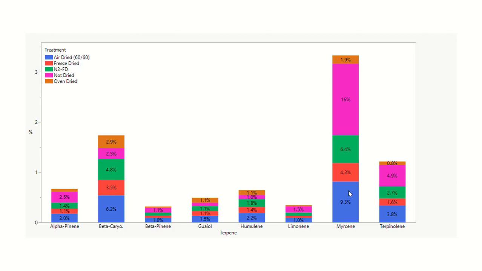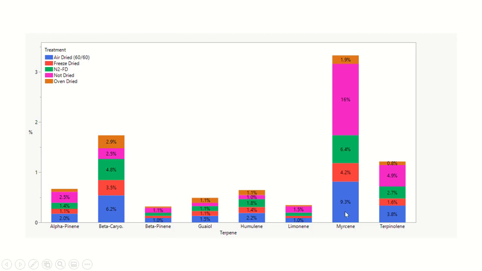So this graph is really just providing another visual, another way to look at the table prior. But what sticks out most to me is myrcene, obviously because it's the highest concentration of this cultivar. And so the pink means that it was not dried. So as a fresh plant as is, without effect of drying, it contains 16% myrcene.